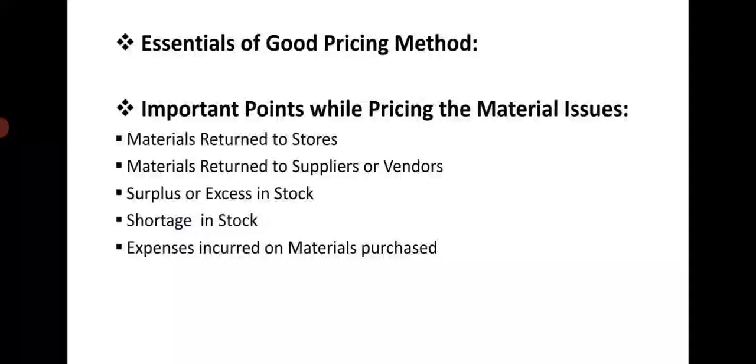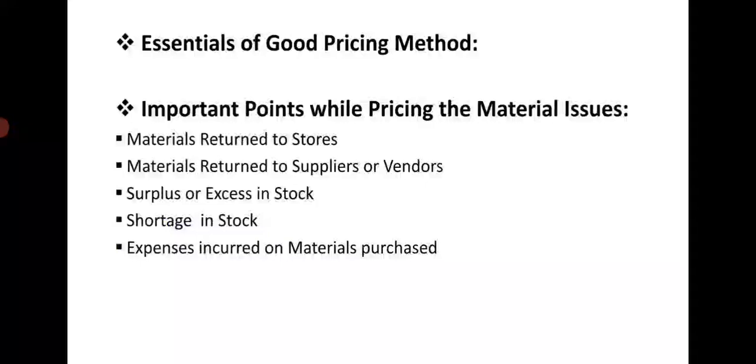So fourth adjustment is surplus in stock. If any surplus of material is noted on making the physical verification of the stock of material, it should be entered on the receipt column of the stores ledger and should be valued in accordance with the method adopted for pricing the material, that is nothing but the current issue method.